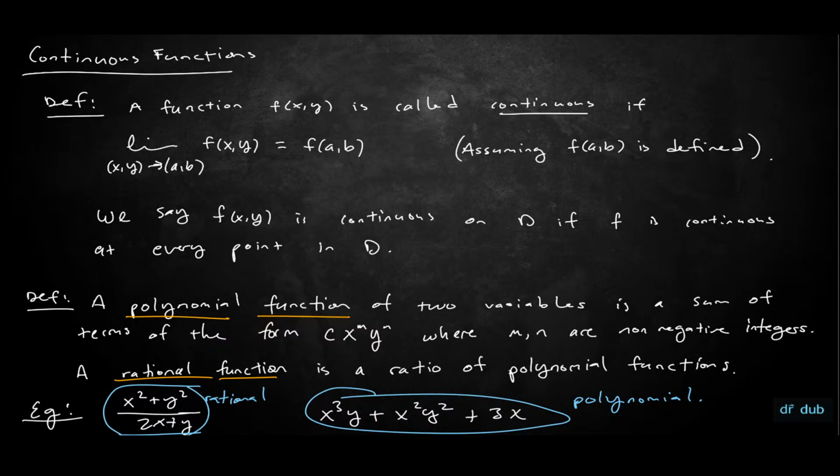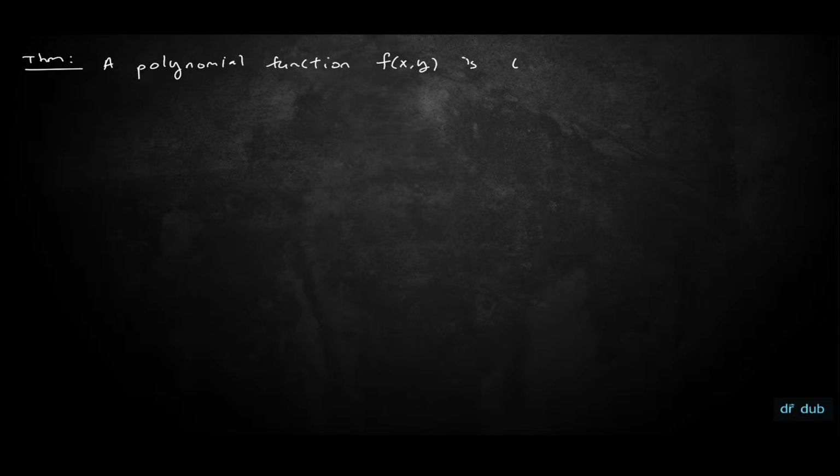Well, theorem: a polynomial function is continuous everywhere. So a polynomial function f of x, y is continuous on all of R2, so everywhere in the xy plane.